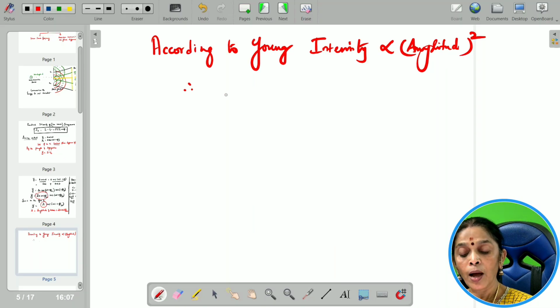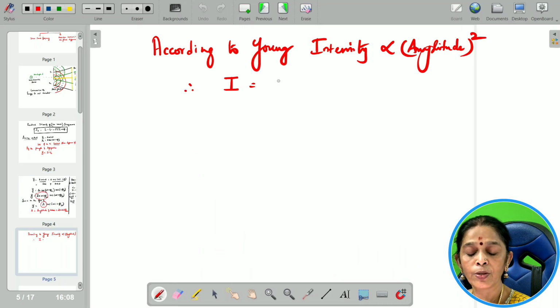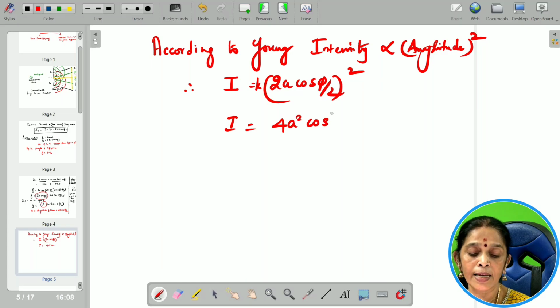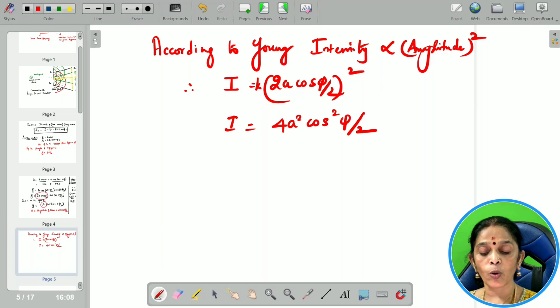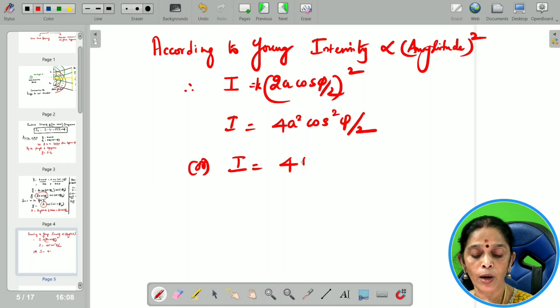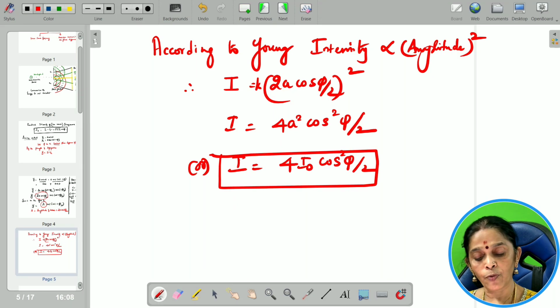So I can say intensity is equal to, this is the amplitude we have already found, 2a cos phi by 2, the whole square, taking the proportionality constant k equal to 1. So I is equal to 4a square cos square phi by 2. Or I can write it as intensity is equal to 4 I naught cos square phi by 2, where I naught is nothing but a square over here.